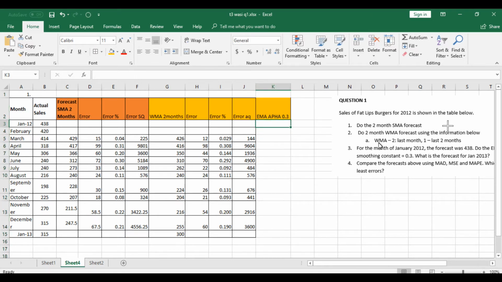So forecast for January 2012 was 438. So we are going to do from here.